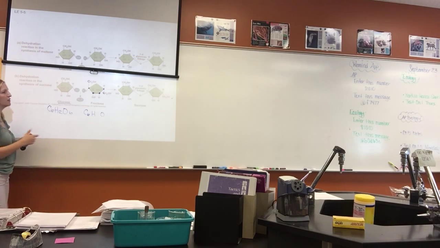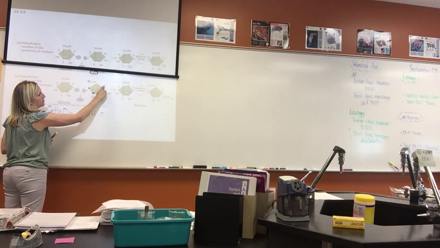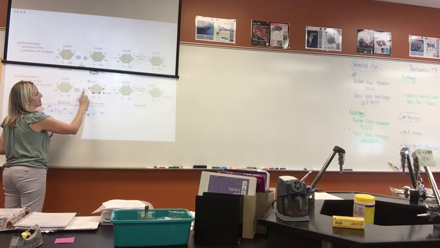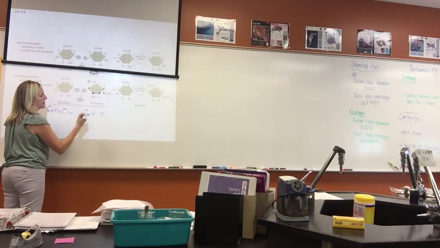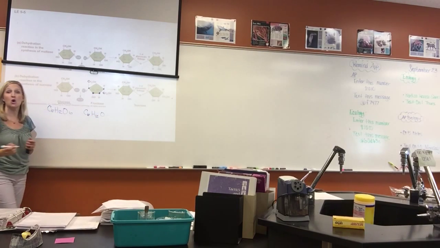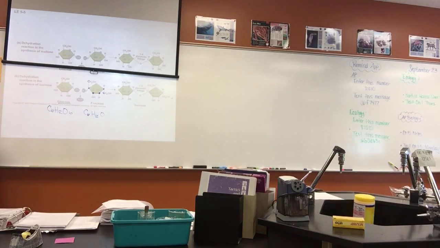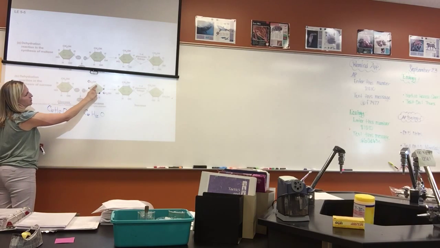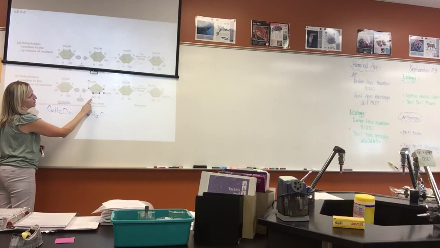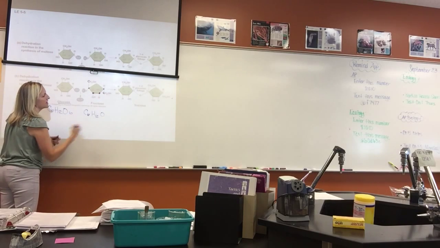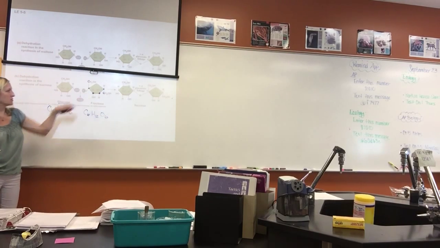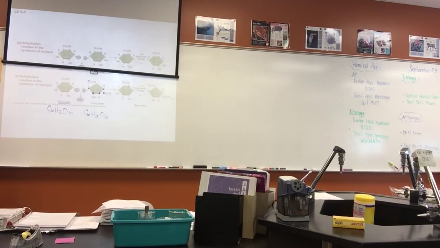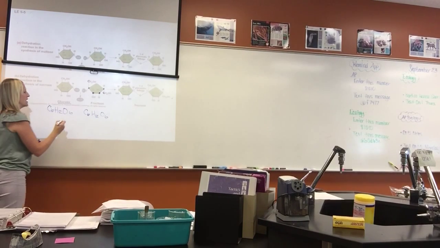There should be 12. 1, 2, 3, 4, 5, 6, 7, 8, 9, 10, 11, 12. All right, so 12. And how many O's? 6. 6, yeah, 1 right here, 2, 3, 4, 5, 6. Look, they're the exact same. They're just put together differently here. So they're the exact same molecular formula.